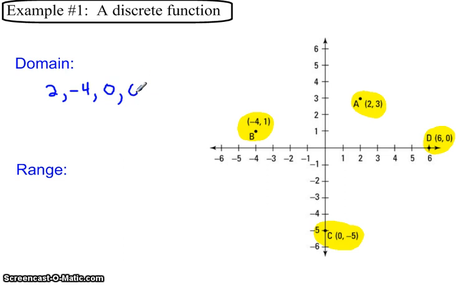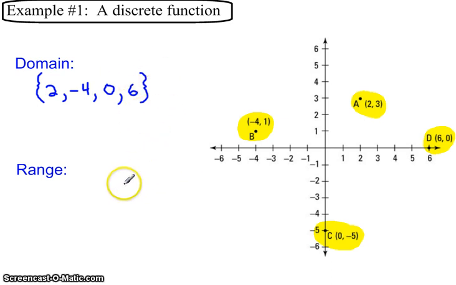So the domain would be these 4 numbers. A lot of times you see the domain and range encased in curly brackets like this. It's okay if you don't have them. I'm not going to take off points or anything, but just so you know what they look like.